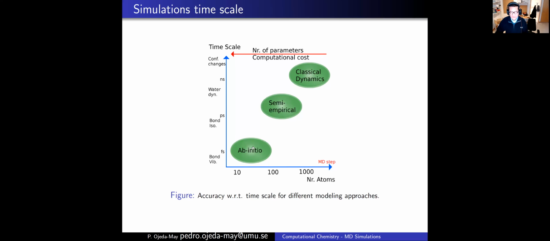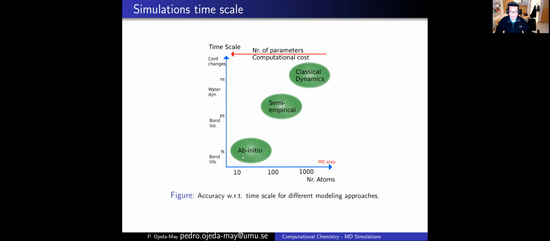At the bottom, we find the ab initio simulations, and the time scale that these simulations can achieve is on the order of femtoseconds. Basically, this is the order of the bond vibrations, right?